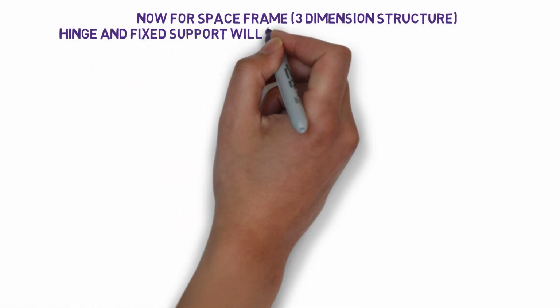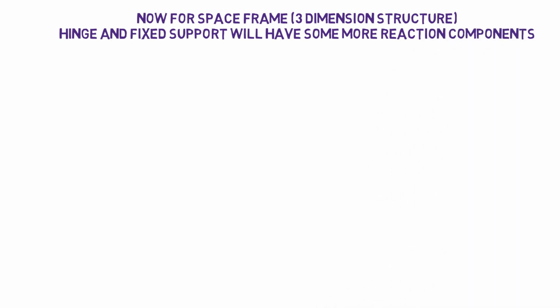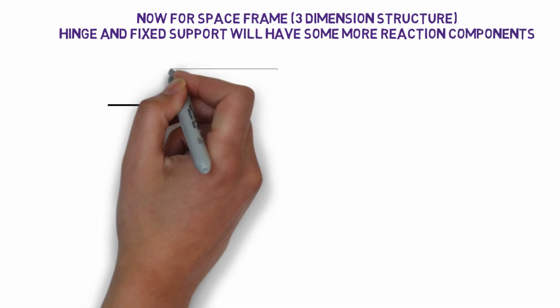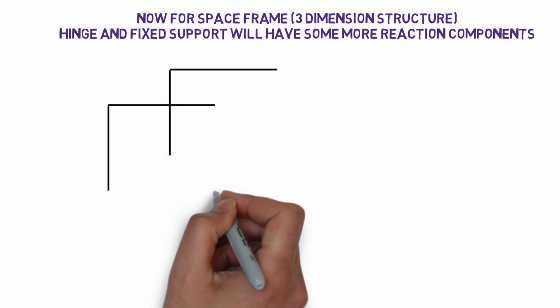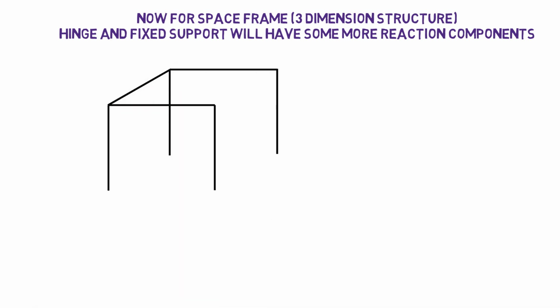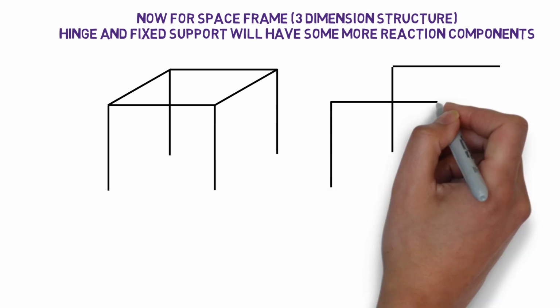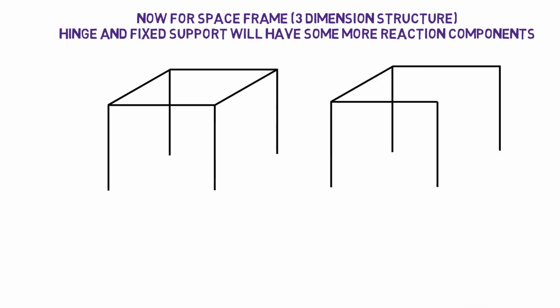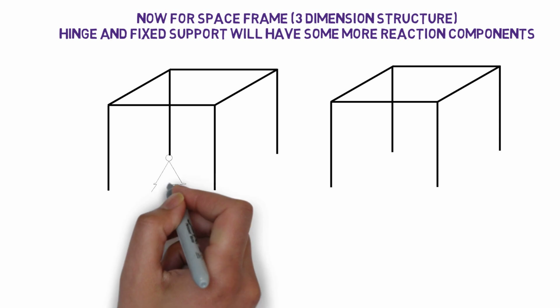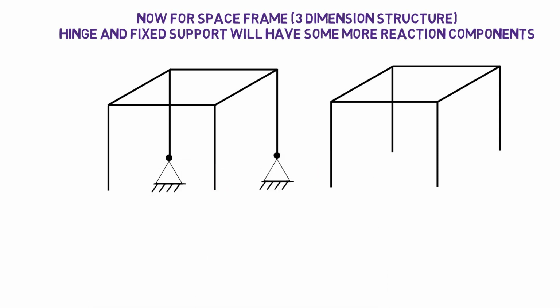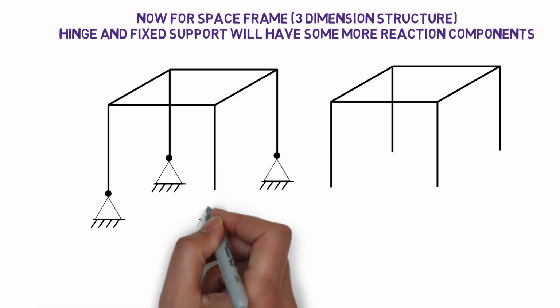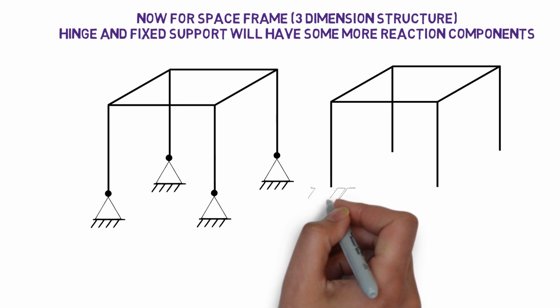Now for a space frame, that is a three-dimensional structure, hinge and fixed supports will have some more reaction components. Here we can see two different 3D structures, one having a hinge as the support condition at the bottom and the other one fixed at the bottom.